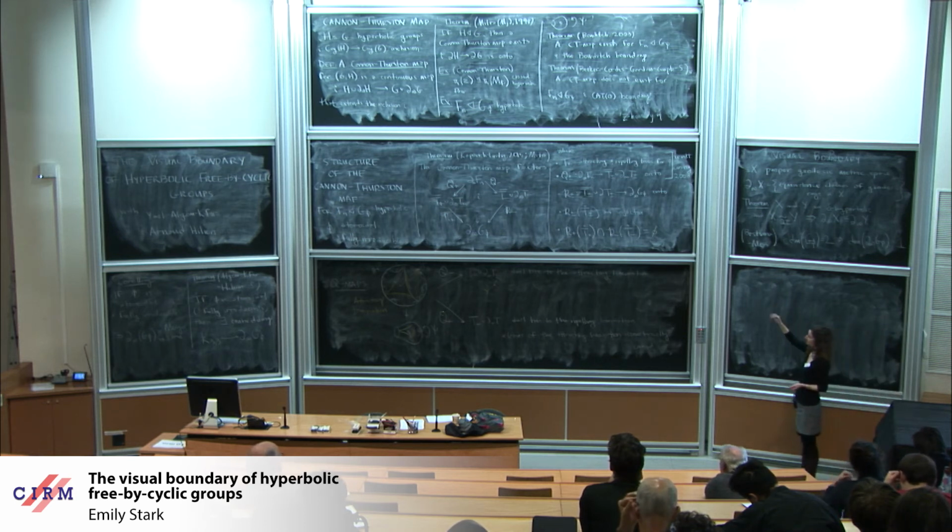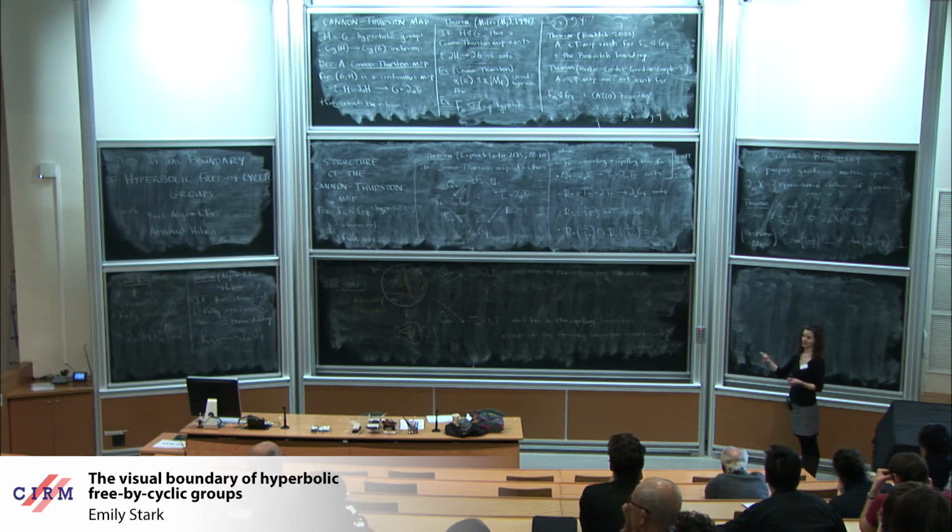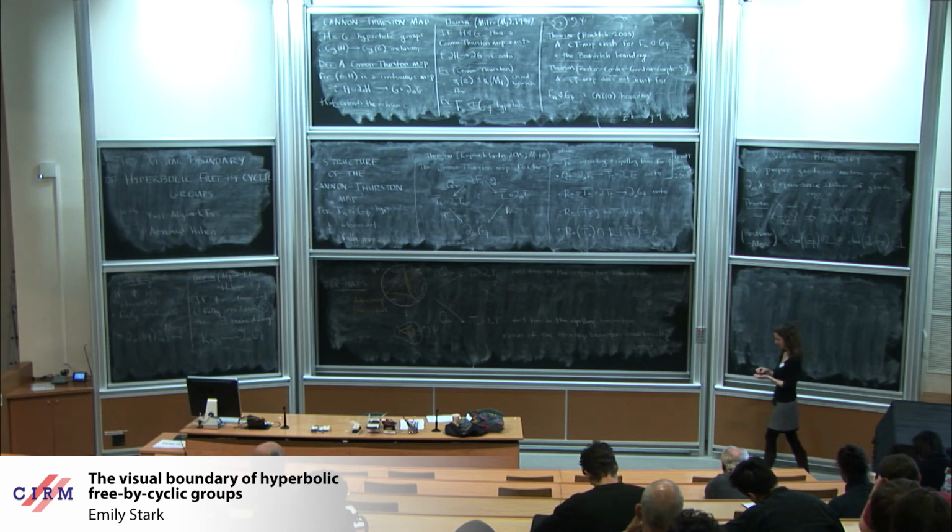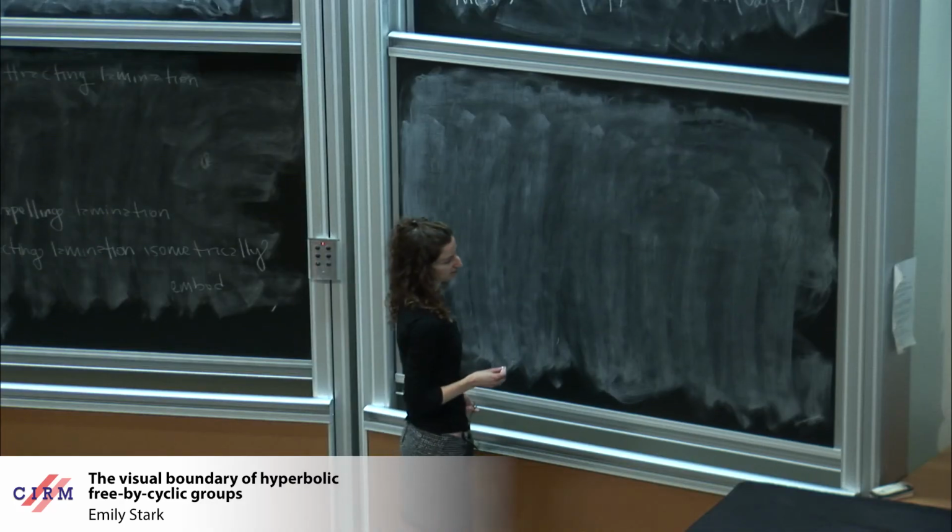So in the remaining time, I'll first draw the construction of how we build some non-planar graph in the boundary using this structure theorem, and then I'll explain how we prove you can always find such a subcomplex. So here's the embedding.